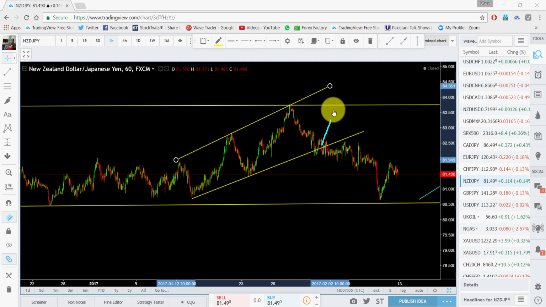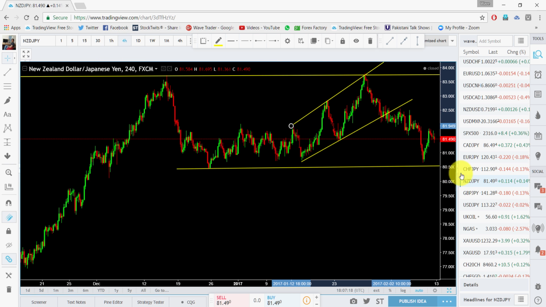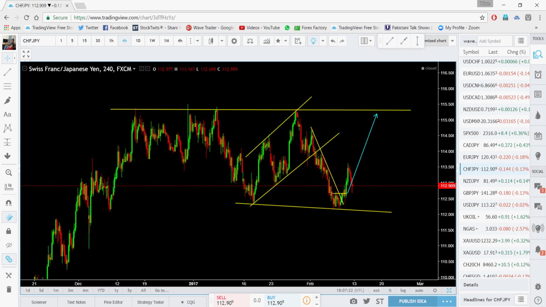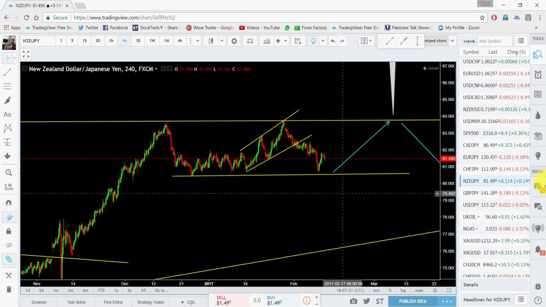We didn't get any strong price action over there, so it broke down. Right, some of you guys sold for short term to the downside. All right, so a flat channel can form over there on this pair, okay. Cheap yen, it is forming, yeah, a flat channel, and on New Zealand dollar and yen, yeah, a flat channel. So that's the up move we are looking for on these pairs.